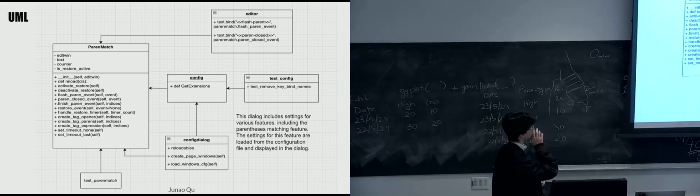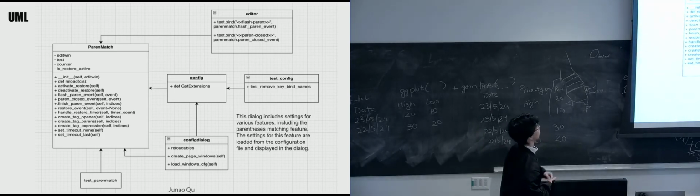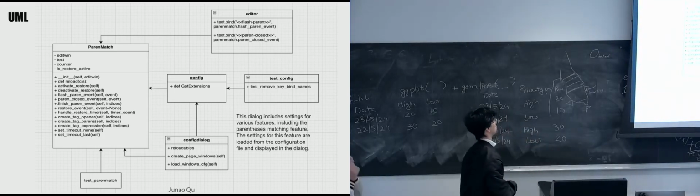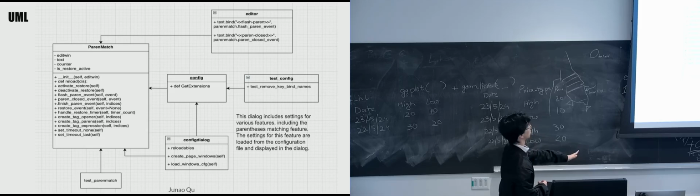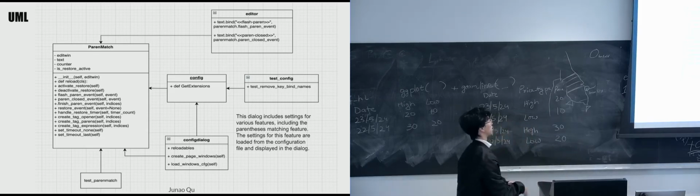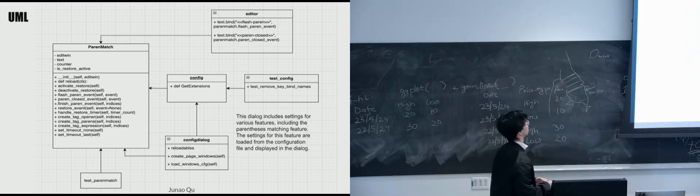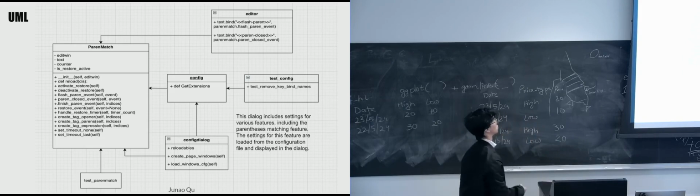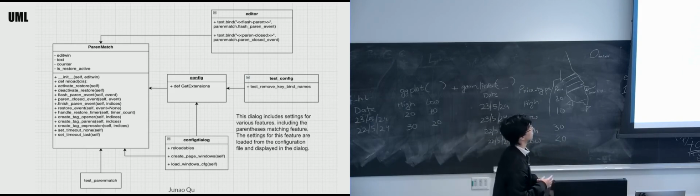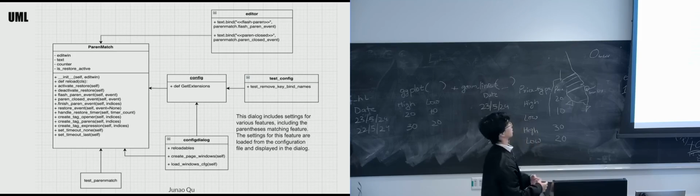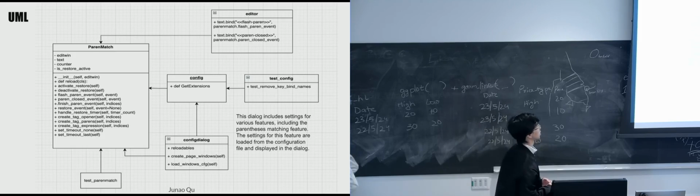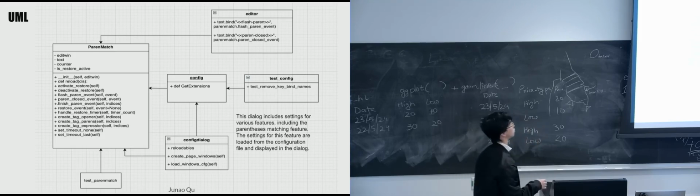I put all the files here, and obviously there's parenmatch.py, which contains all the key functions of this feature. We have an editor file which uses parenmatch as an instance, and therefore we can use this feature in the editor window.